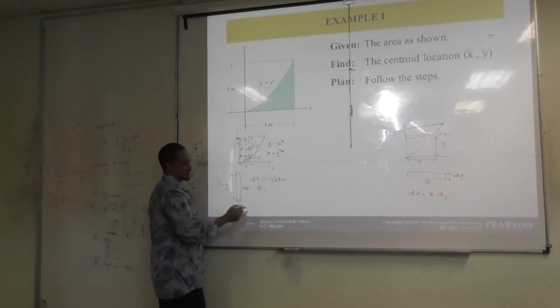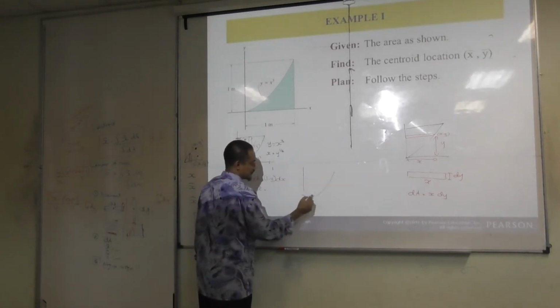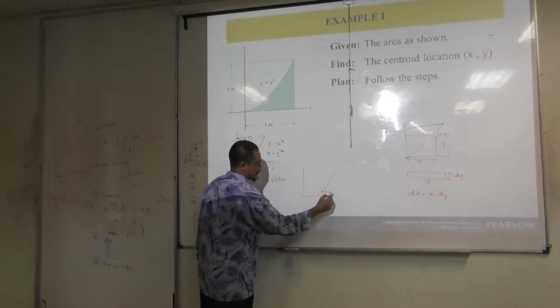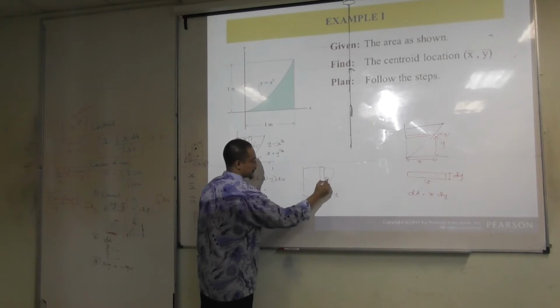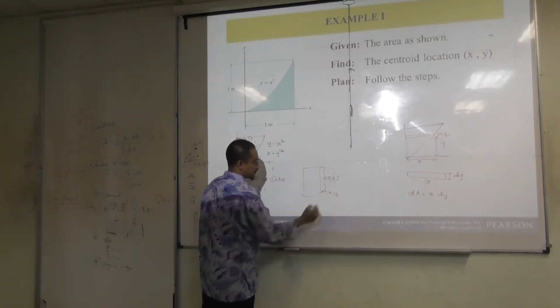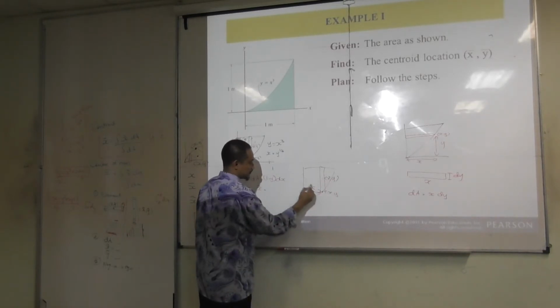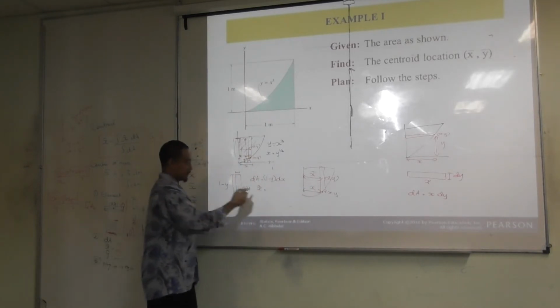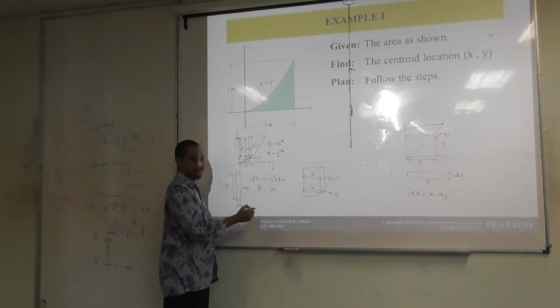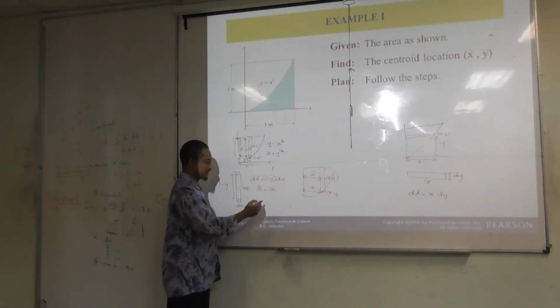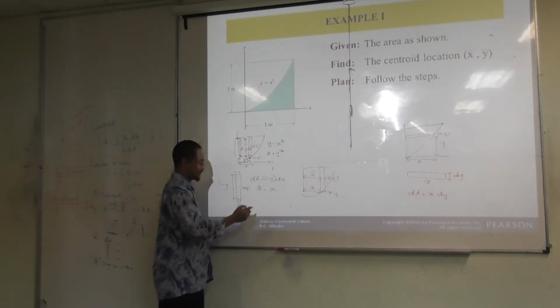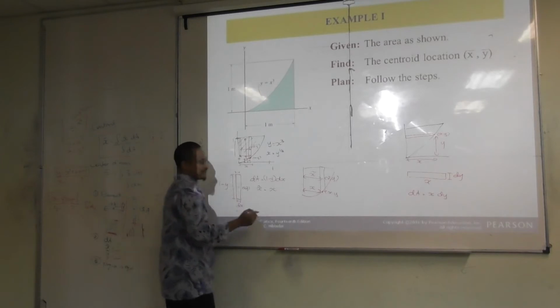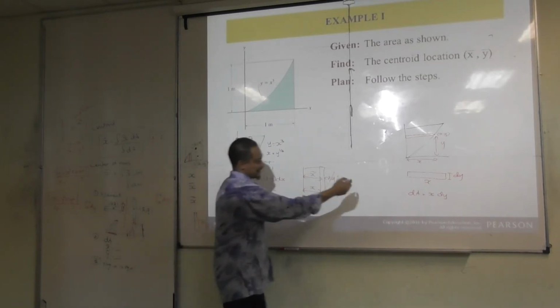Do you understand? Okay, if I draw, right? This is x, y, and then you have this element, right? This is x, right? X wave equal to what? X, right? Okay, it is this.